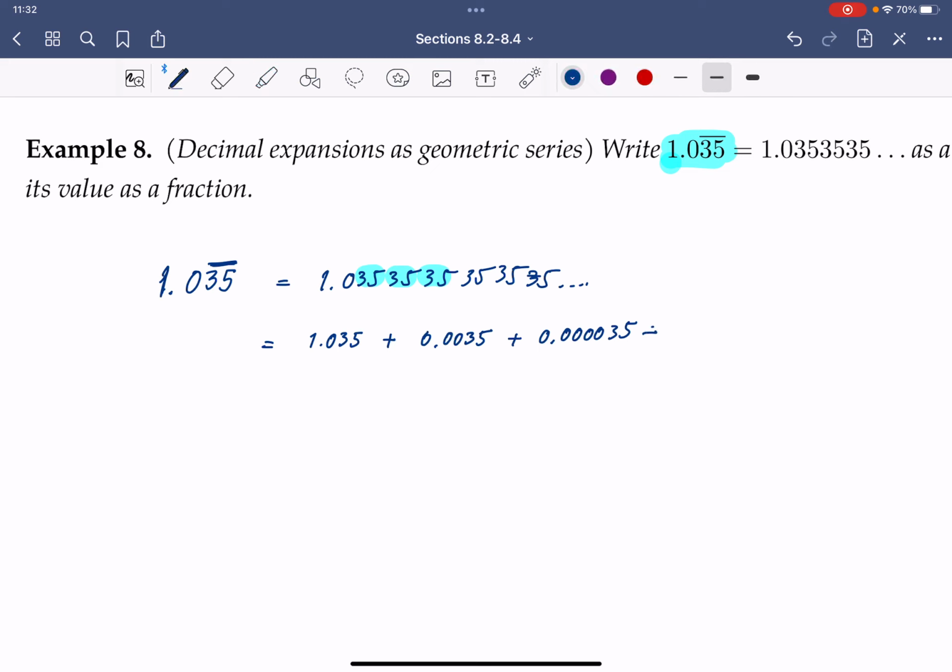I'm trying to view this as a geometric series. If you imagine this is 0.035, it is actually 35 times 0.01. Let's make it easier by moving the number 1 out.